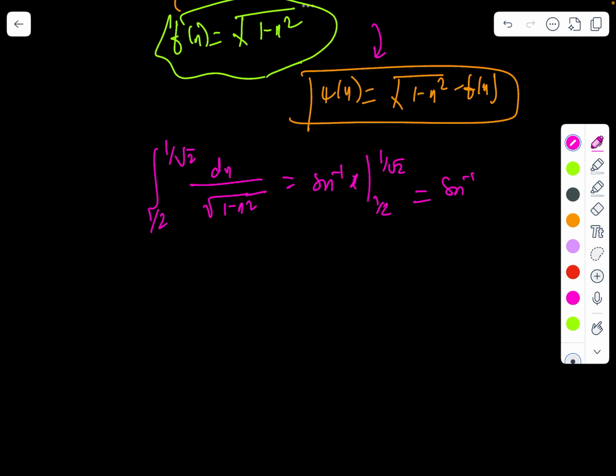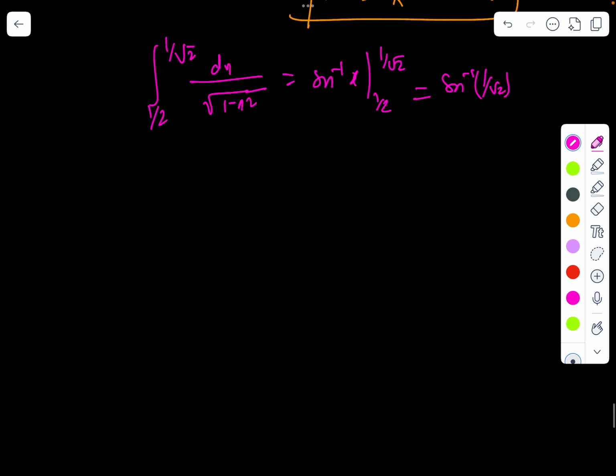So it's sine inverse 1 by root 2 minus sine inverse half, and that gives you pi by 4 minus pi by 6, which packs it up at pi by 12. So it was again a very excellent problem, I'll tell you, with the inequality, and how it is giving equality cases in a very beautiful way.